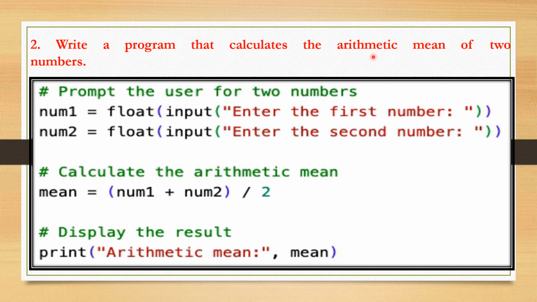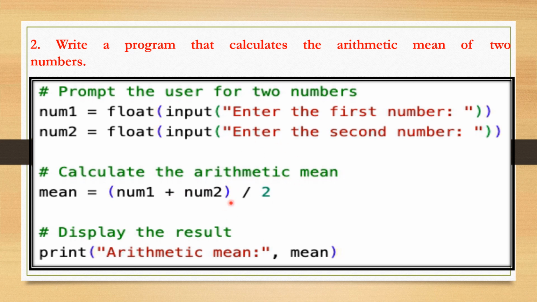The second program is to calculate the arithmetic mean of two numbers. Here we will start by prompting the user to enter two numbers using the input function. The float function is used to convert the input into floating point numbers. After obtaining the two numbers, we calculate the arithmetic mean by adding the two numbers together and dividing the sum by 2.